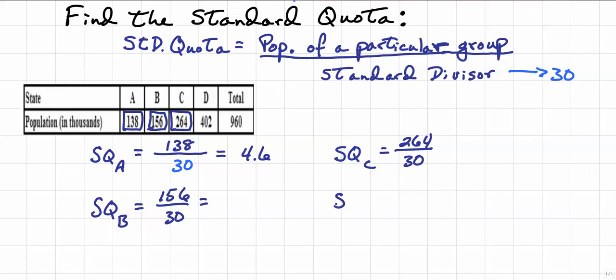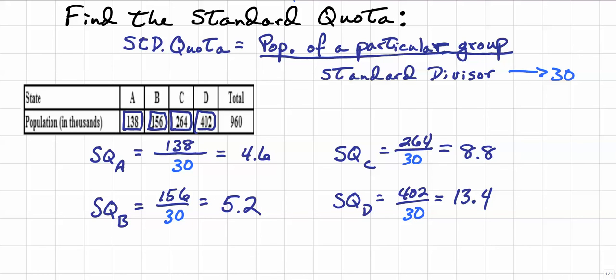And then we will find the standard quota for State D, which will be equal to 402 over 30. So we see that the standard quota for A is 4.6, the standard quota for B is 5.2, the standard quota for C is 8.8, and the standard quota for D is 13.4.